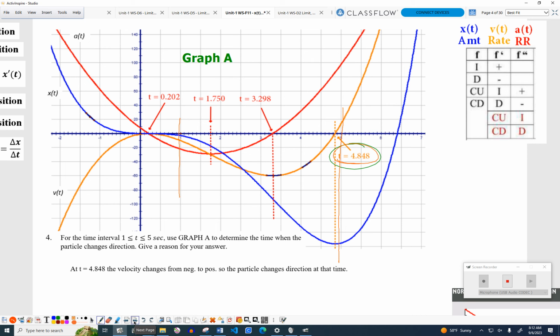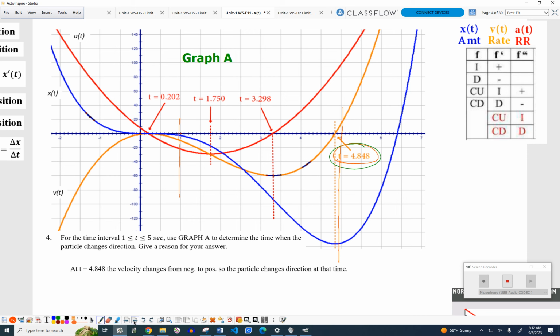TJ said, can't I just look at the position? And you can. But on a test question, look at me, everybody. Right now I'm showing you all 3, so you can see how they correspond to each other. But on a test, they'll only give you 1 of the 3. And then you answer questions about the other 2 by looking at the 1.